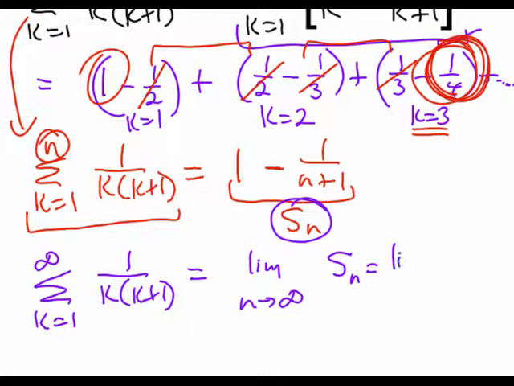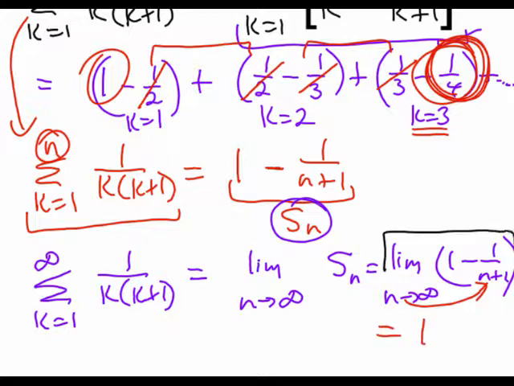And since our sum of n terms in this case was 1 minus 1 over n plus 1, let's evaluate this limit as n goes to infinity. 1 over infinity will be 0, and this will equal 1. And if our limit converges, that means that our infinite series converges to 1.